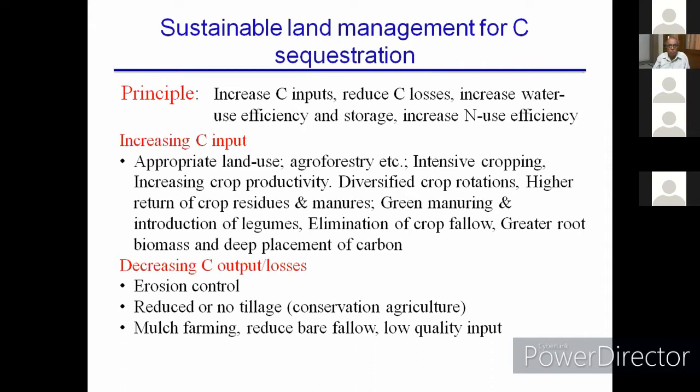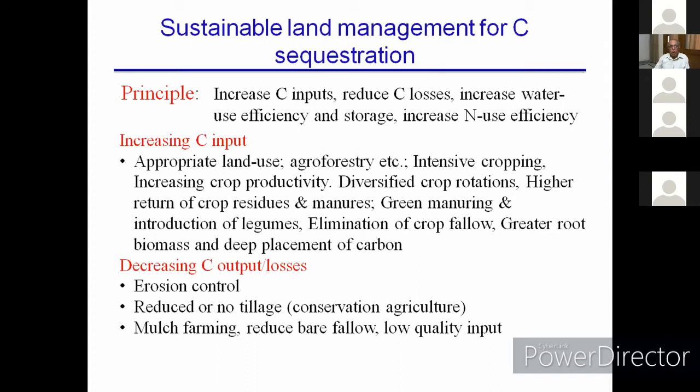Now, there are a certain number of practices which have been recommended from time to time, and evaluated in different conditions for different countries and regions, like what kind of land use we should use. Do we go for short rotation forestry, agroforestry type of things, or can we really go for intensive cropping, intensive agriculture, or can we go from monoculture to diverse crop rotations?